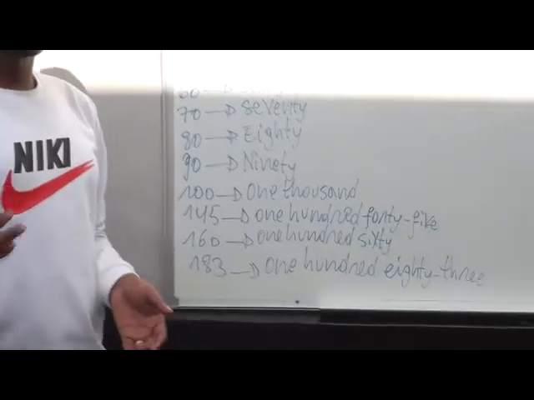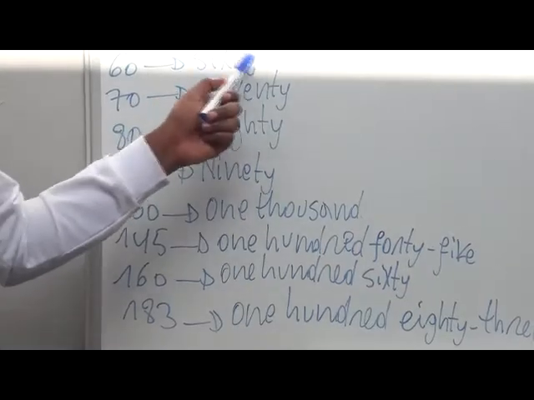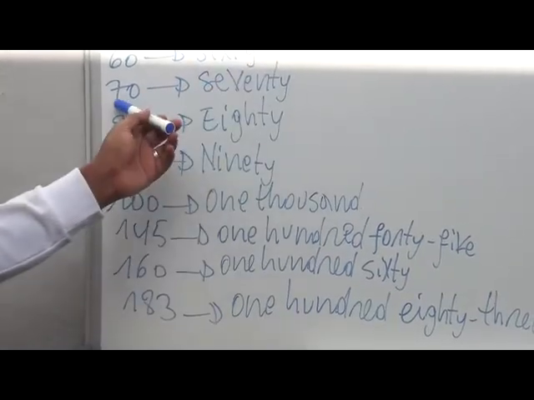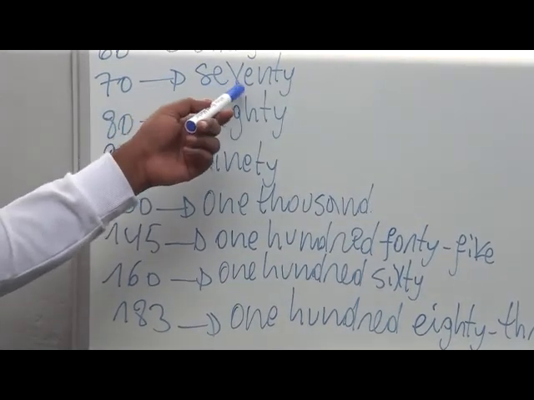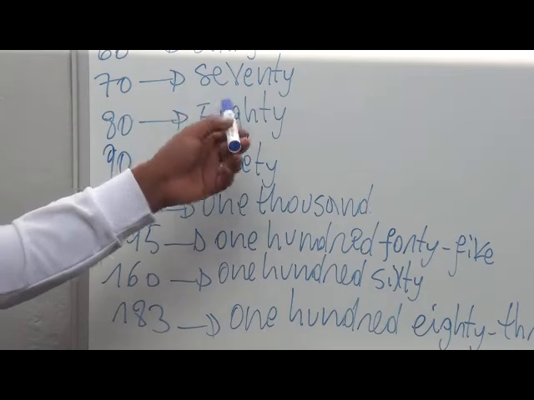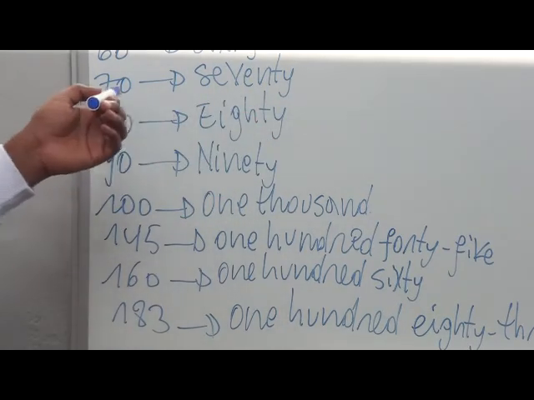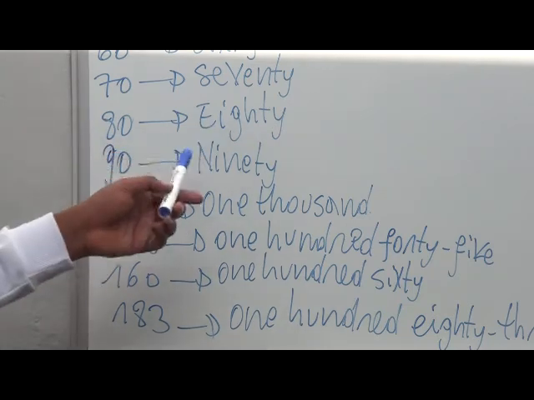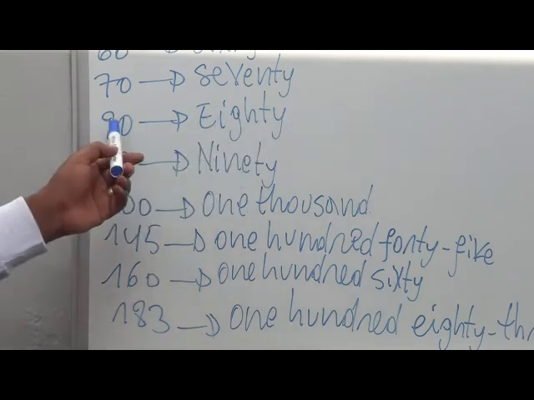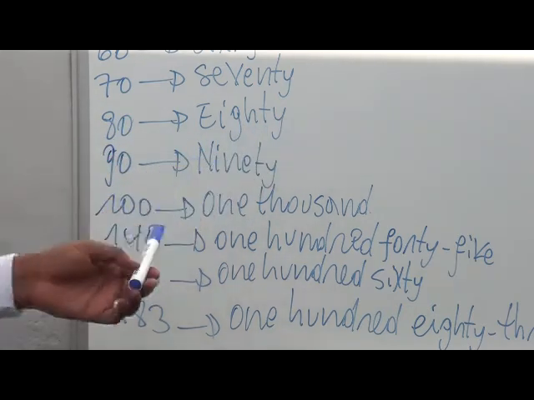Here it's 60. We have 6 plus t, which is 60. Here we have 7 plus t, it will be 70. 8 and 0 gives 80.